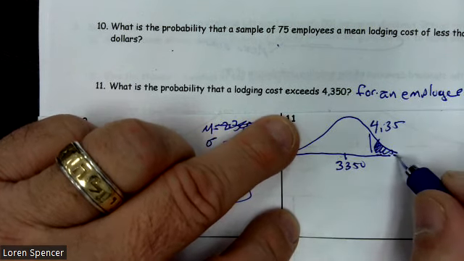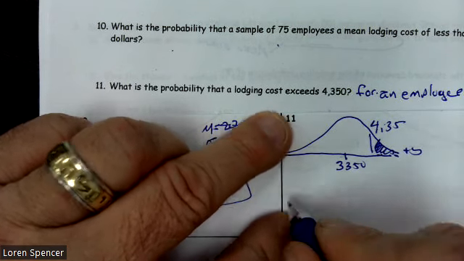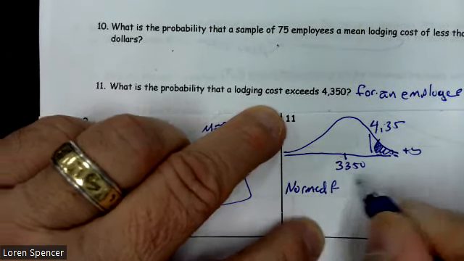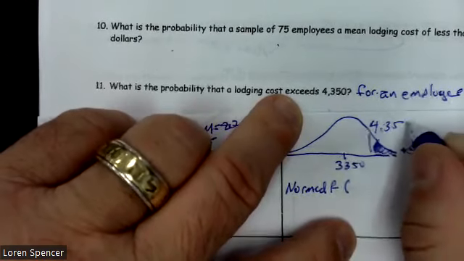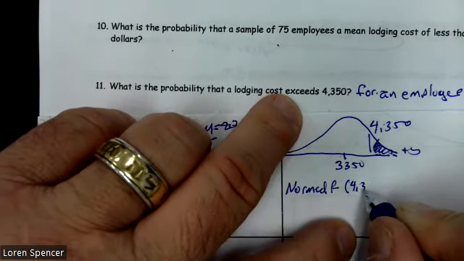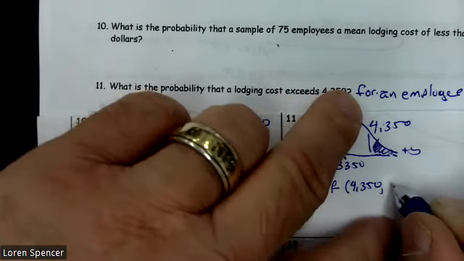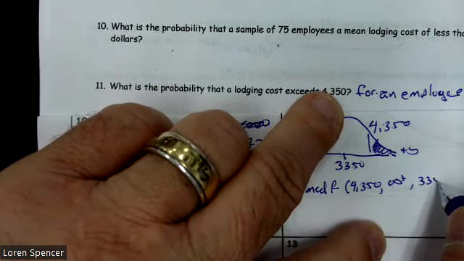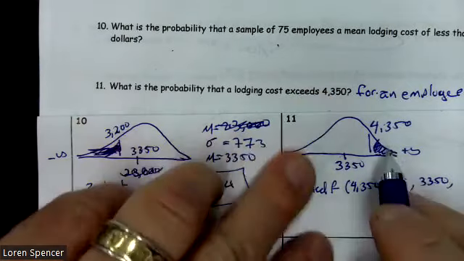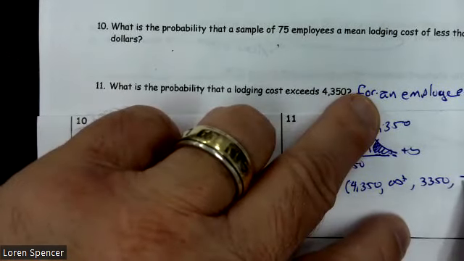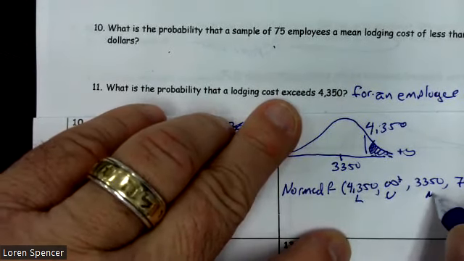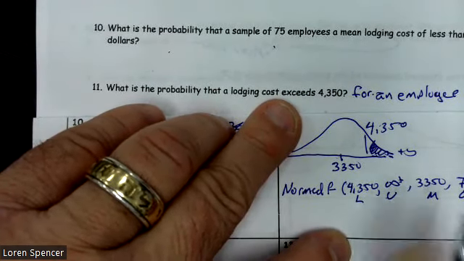So this means this is a NormCDF. The lower bound is 4,350. The upper bound is positive infinity. The mean is 3,350, and our standard deviation is 773. Lower, upper, mean, standard deviation.